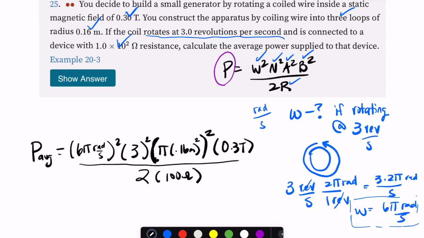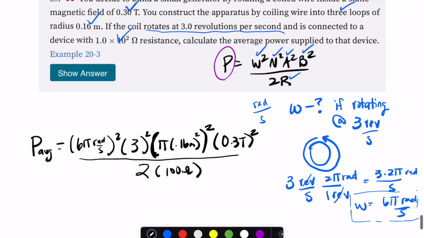Oh, we gotta square that. Okay, kind of a pain to type on the computer, I will tell you that. Oh, my B is squared.